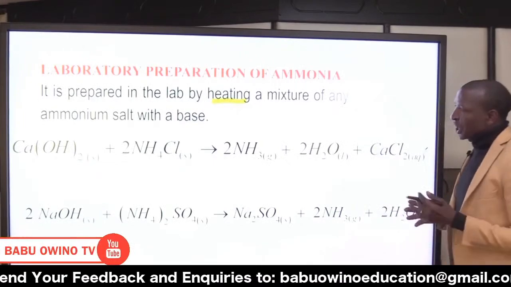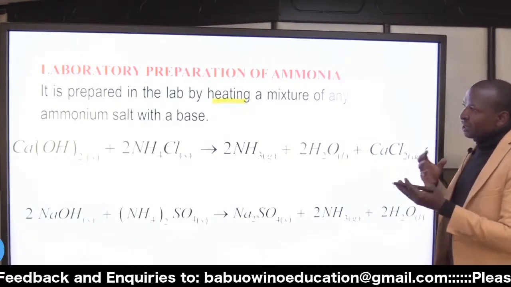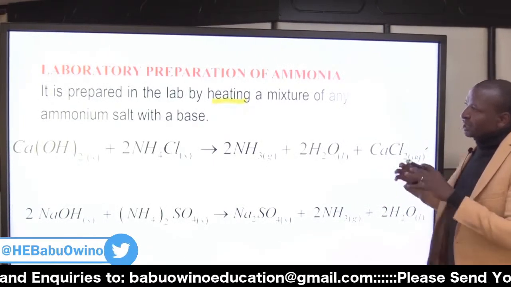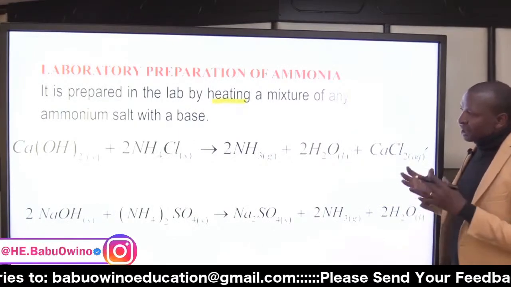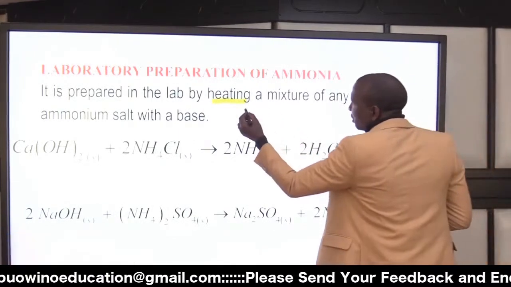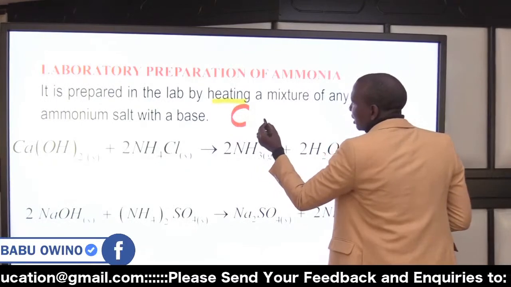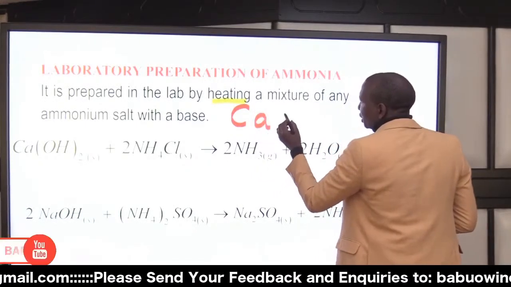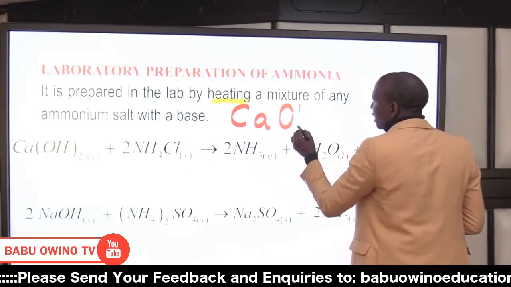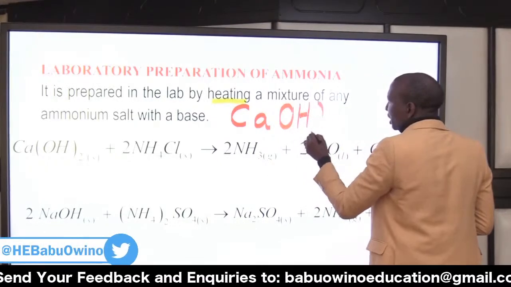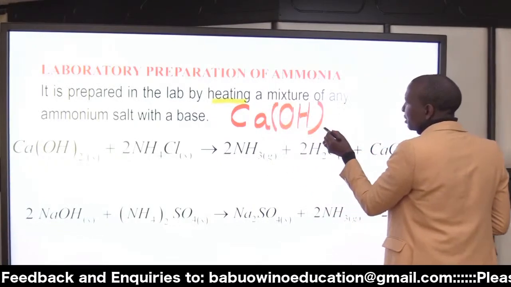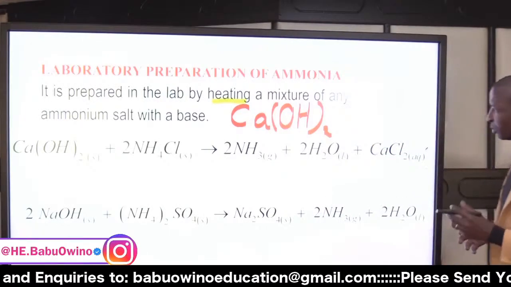There are three types of bases that we can use in this kind of reaction. One of them is calcium hydroxide. That is one of them.